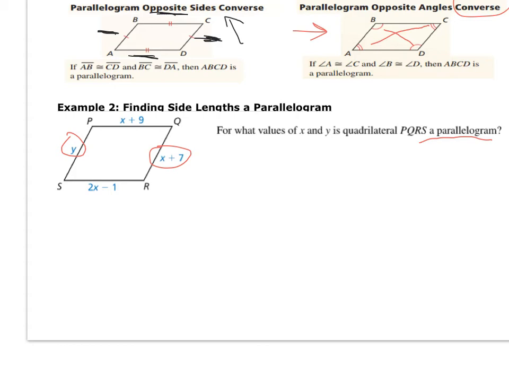Wouldn't the place to start be these two things, because those two things are equal and they both have x's? So you could find x with these two equations, and then once you know what x is, couldn't you plug it in for that x? That would allow you to find y. So when you have an answer for x and y, raise your hand and I'll come and help you.